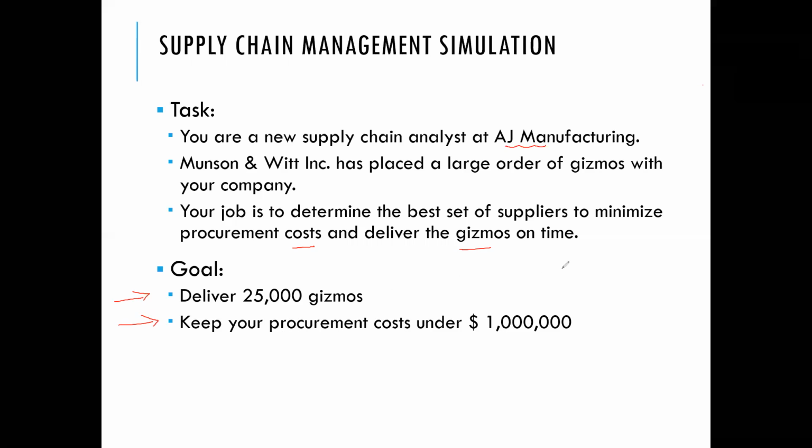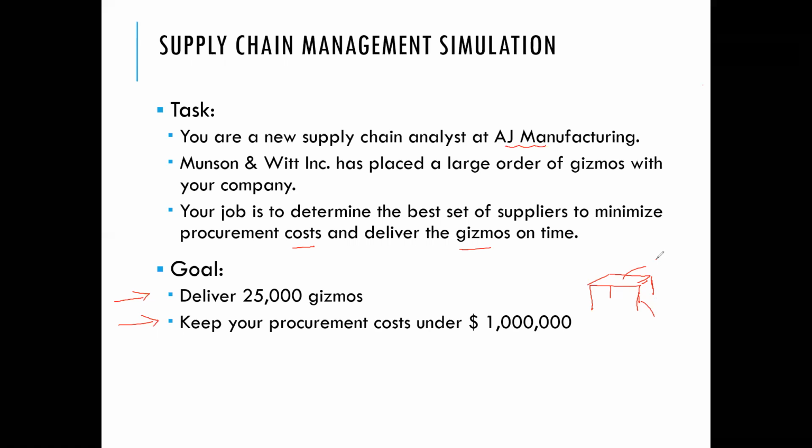Now, what exactly is a gizmo? Once you click on the simulation, it will explain what a gizmo is, but very briefly, you can think of it as a two-part component. It has a top and 4 legs.